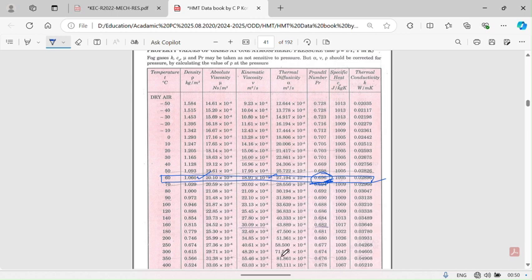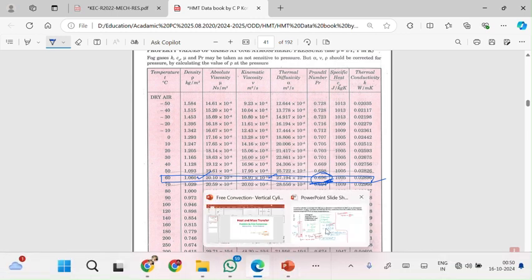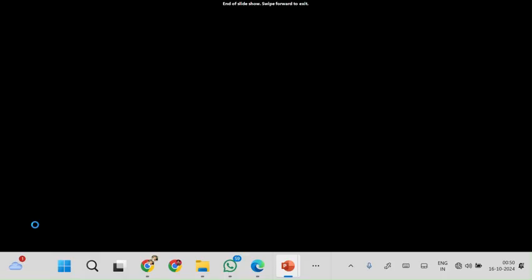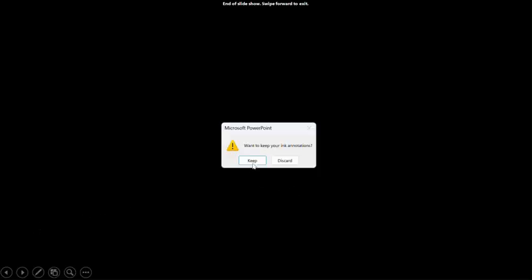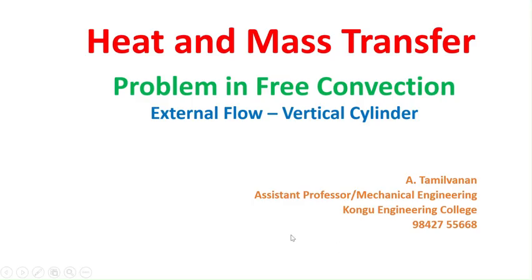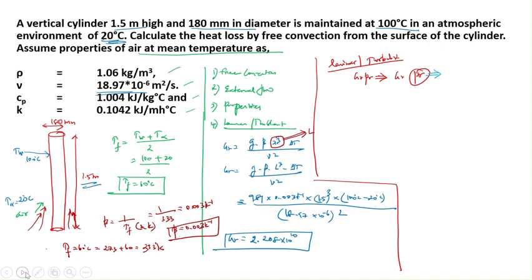Okay. Now we can go into the problem here. You can find out the GR, PR from the formula. PR is equal to mu into Cp divided by thermal conductivity.